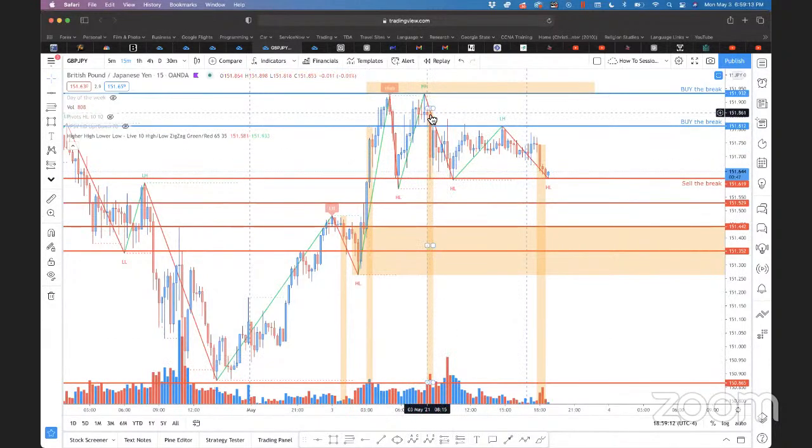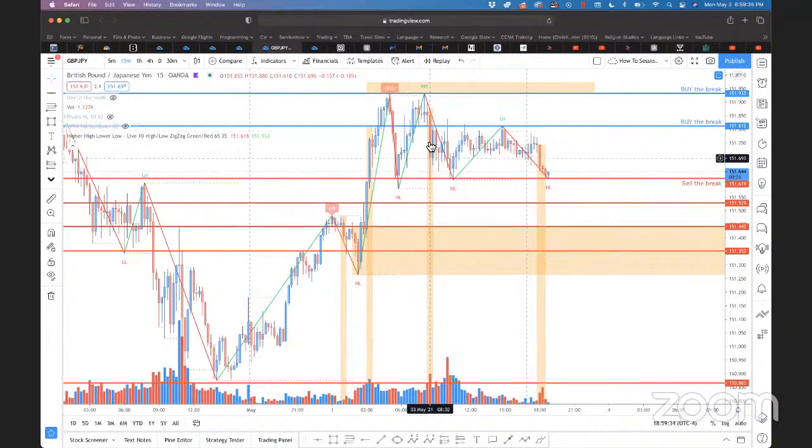So if I was looking to sell, this candle right here would imply a lot more than this candle right here, because this candle actually broke the volume and rejected a level right here.